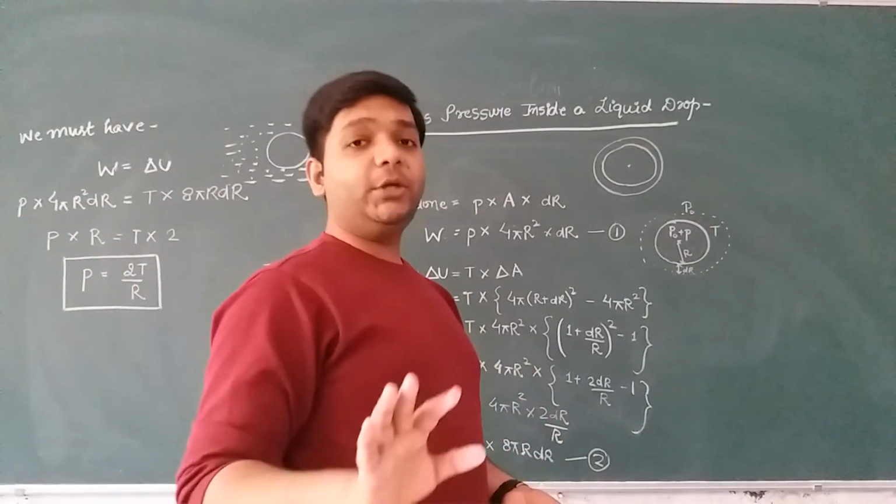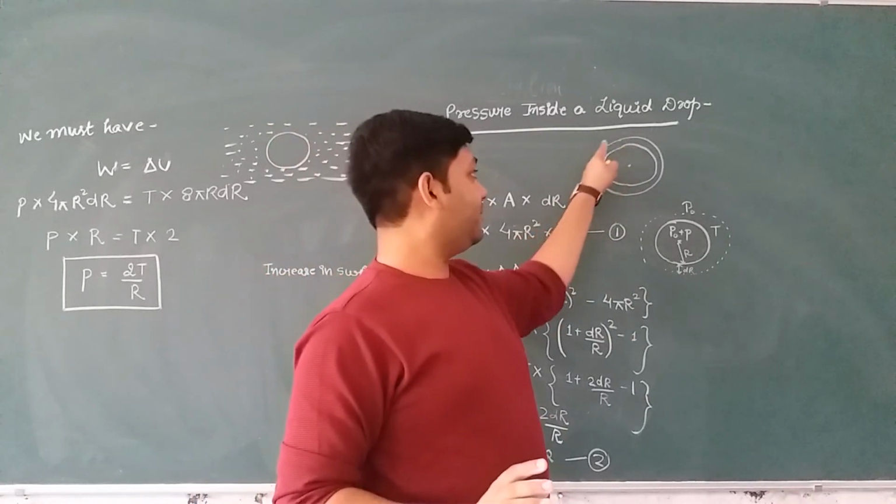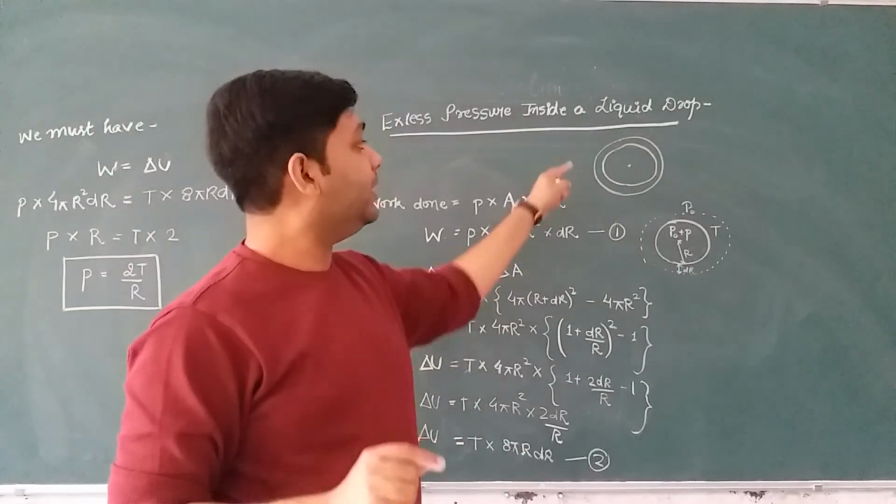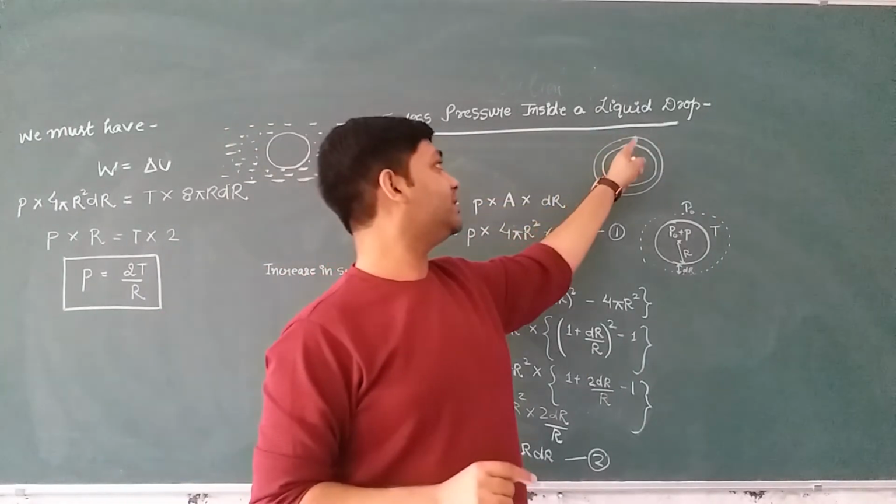So all you need to note is that a soap bubble has two surfaces because it is thick, it is assumed to have two surfaces.